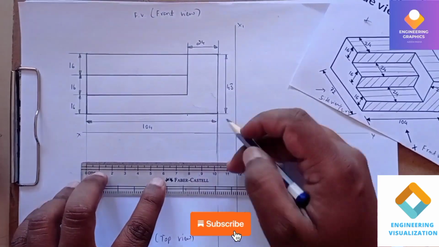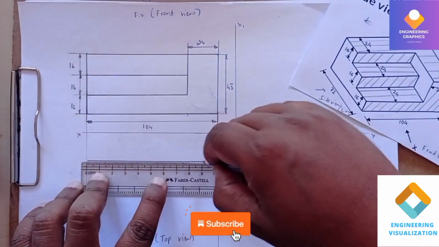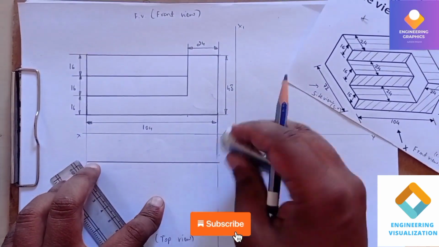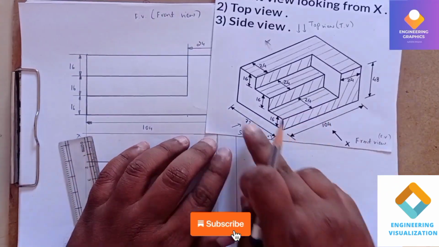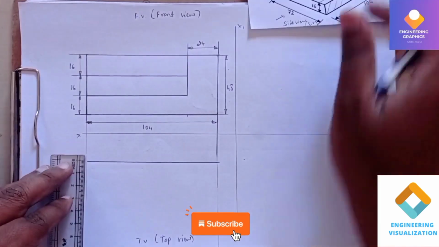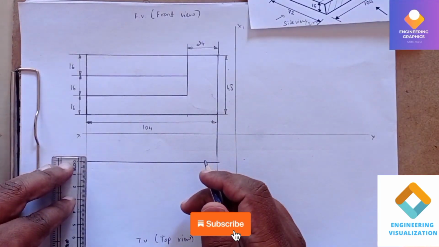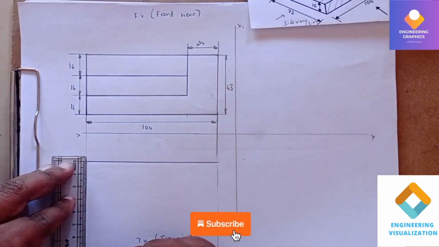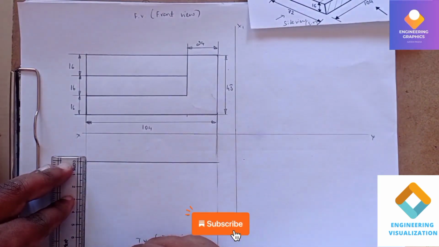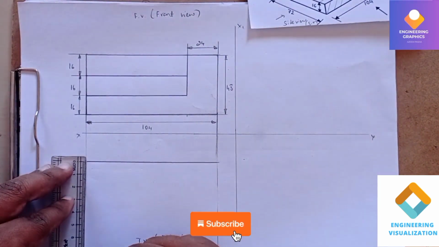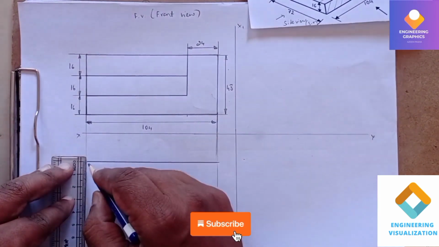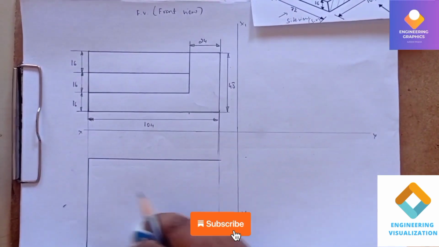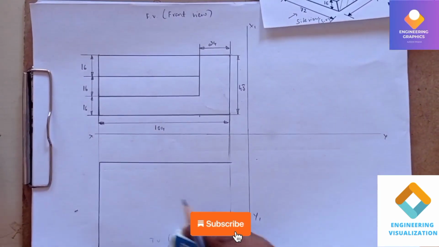So 104, draw one line, and then for the width we should have it here, that is 72. We'll erase this.